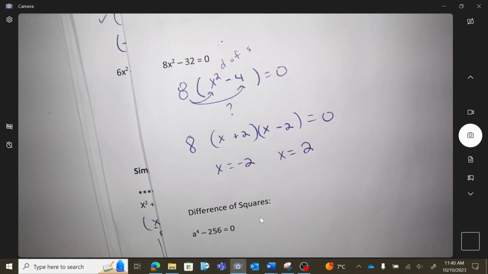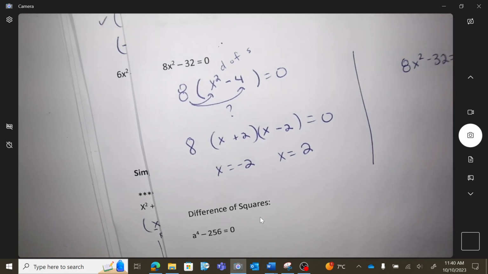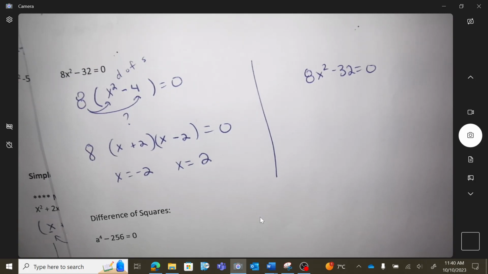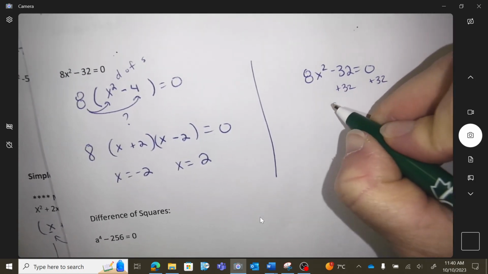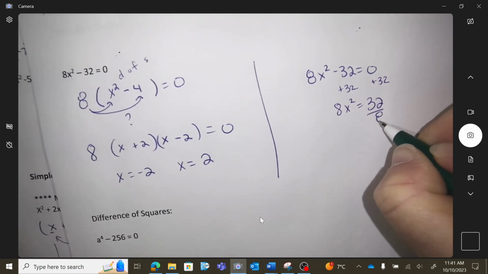So do you know the person who would have isolated? So let's just solve this by isolation here as well. So if I would have isolated, I would have added 32. And then I would have divided by 8.